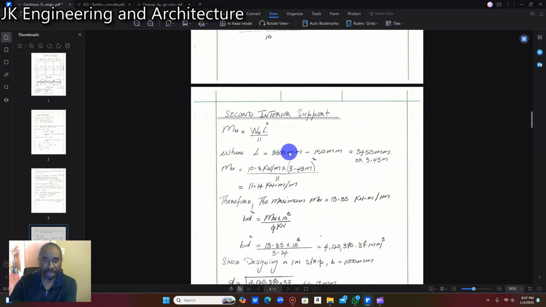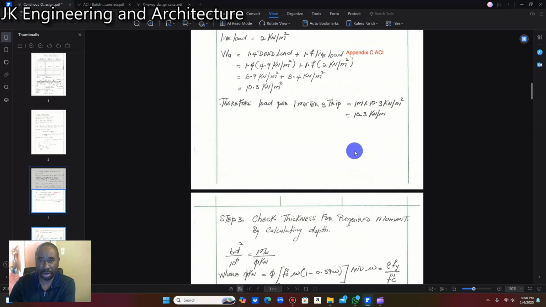All right. For our second interior support, we're going to use Mu equal WL squared over 11. So we're going to use 3,600 minus 150, and that gives us 3,450 millimeter or 3.45 meters.